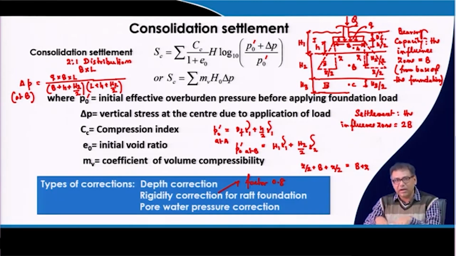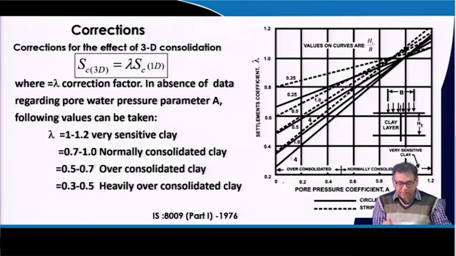Actually, pore pressure is developed and water is moving in the 3 directions. That is why you have to apply another correction, called the pore water pressure correction. That means the actual consolidation is 3D consolidation, but the consolidation equation that we are using is the 1D consolidation equation.